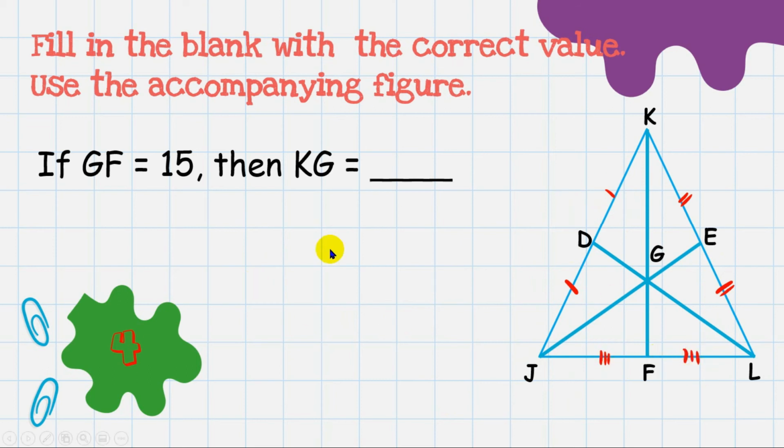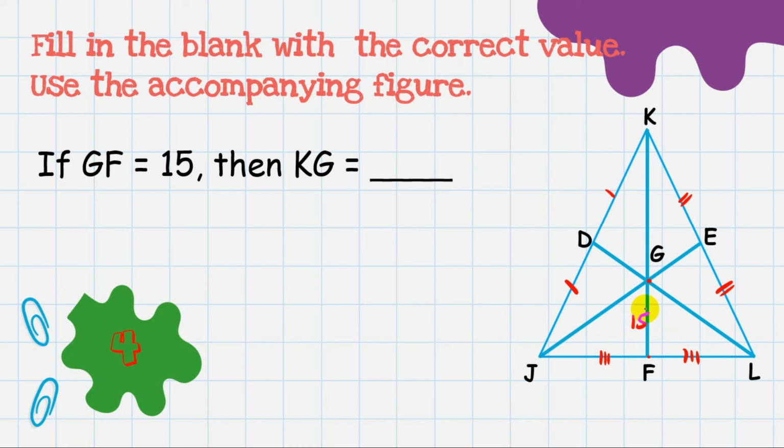If the line segment GF is 15, when there are measurements like this, we need clear eyes to find the part of the triangle being referred to. Line segment GF, which one is it? This one. From point G to point F, that's from the centroid to the midpoint, is 15.